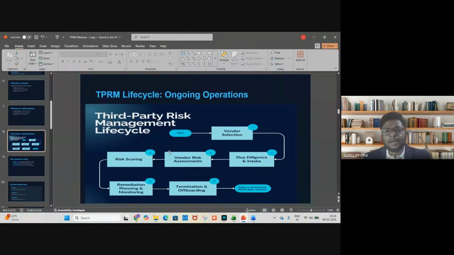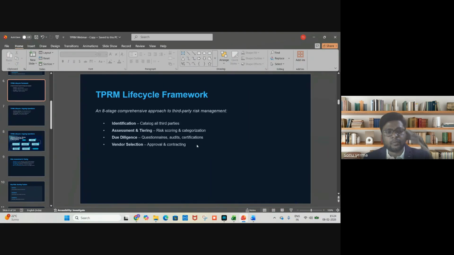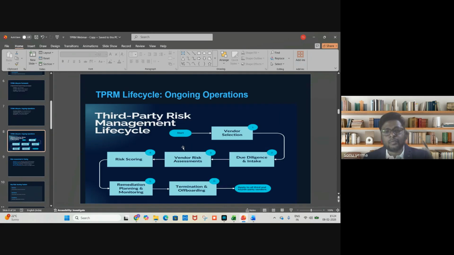Now, the third party life cycle is the same way that we have done practically. We start with vendor selection, vendor due diligence, vendor assessment, risk scoring. Then we do the remediation planning and monitoring.